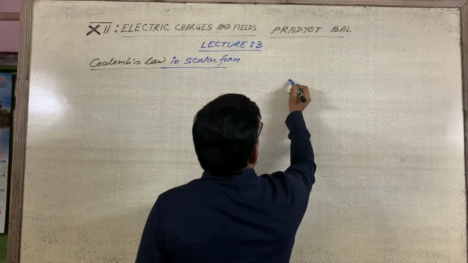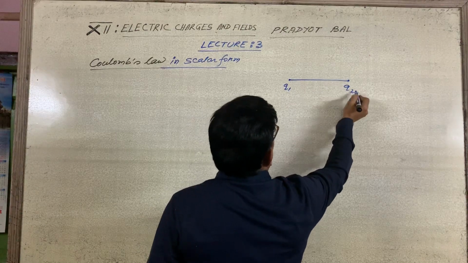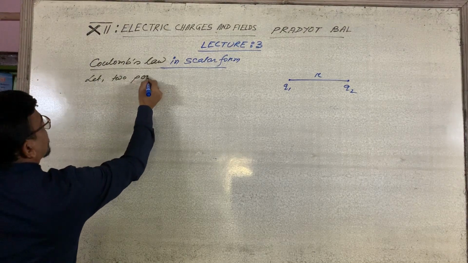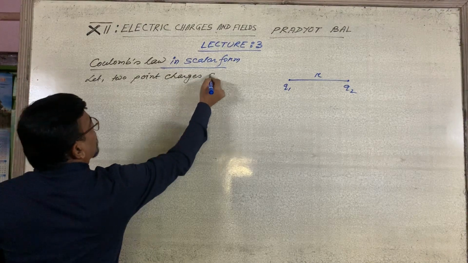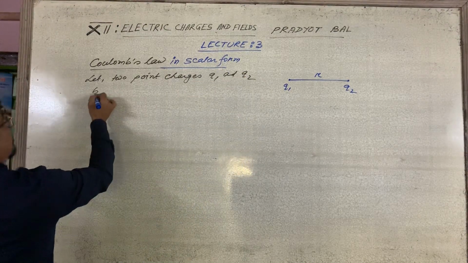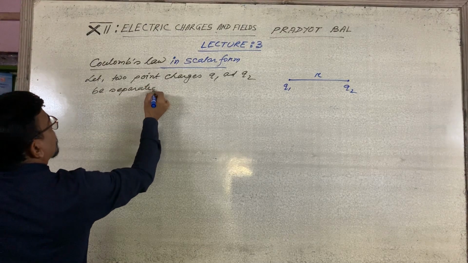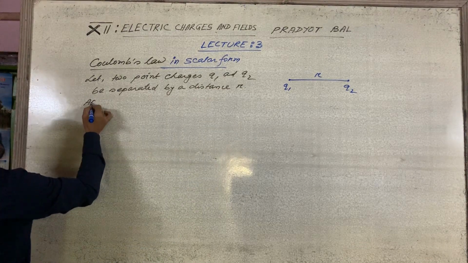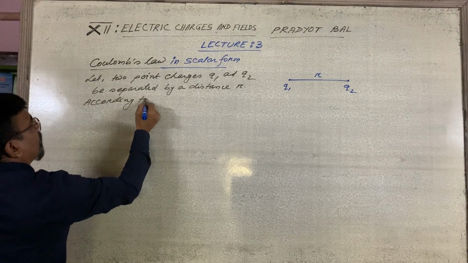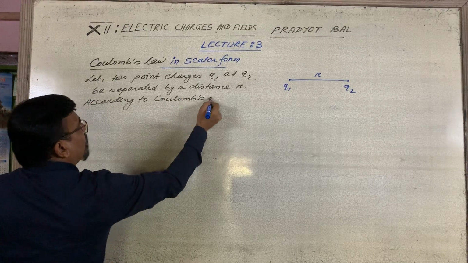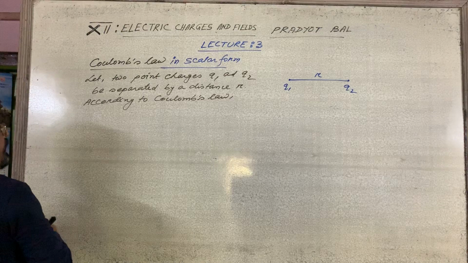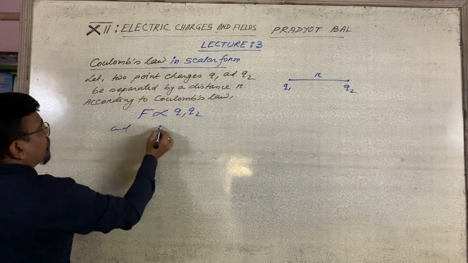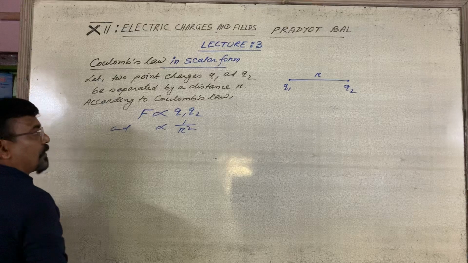Let us assume two point charges Q1 and Q2 separated by a distance R. According to Coulomb's law, the attractive or repulsive force is directly proportional to the product of the magnitudes of the charges, and is also inversely proportional to the square of the distance between them.